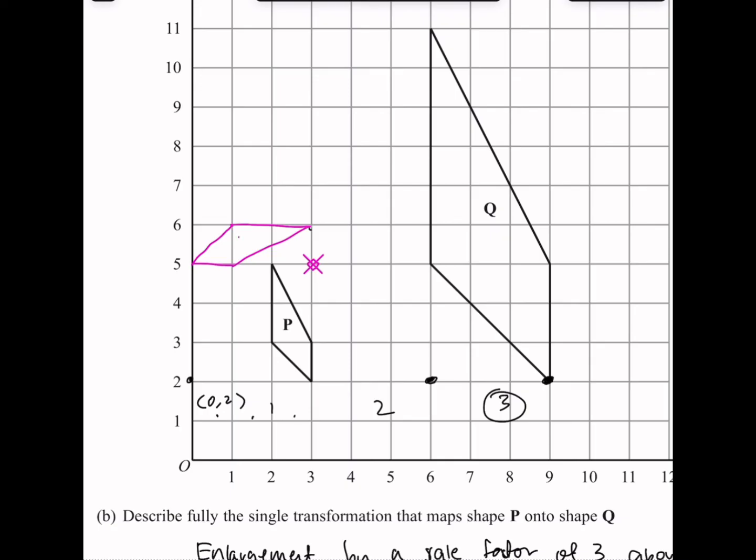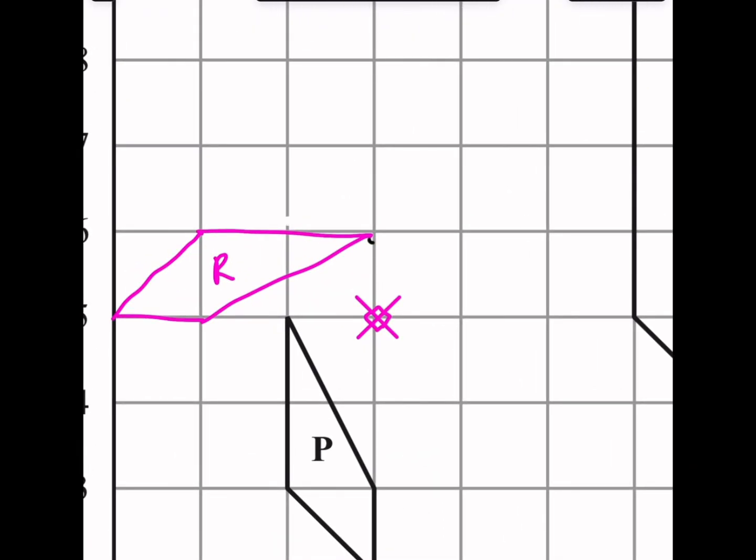You want to draw that again for the lines to be straight. So it would look somewhat like, hold on, how did it look before? Okay, alright. So it's going to be here, and it goes something like this, and you label it R.